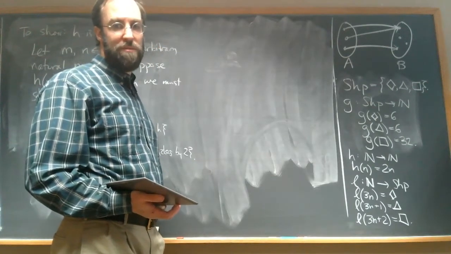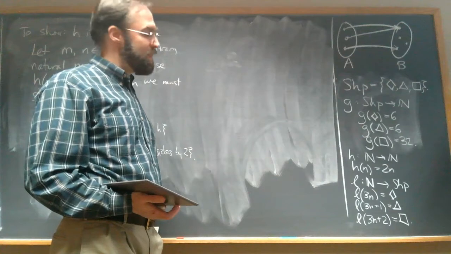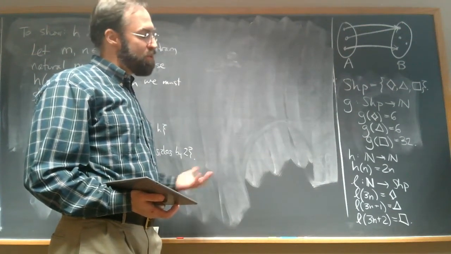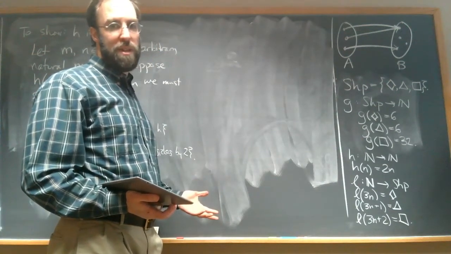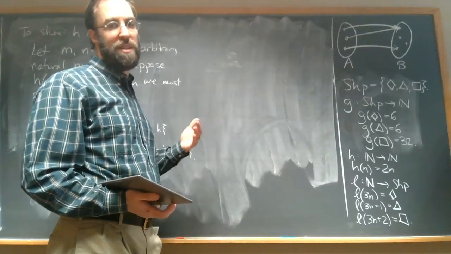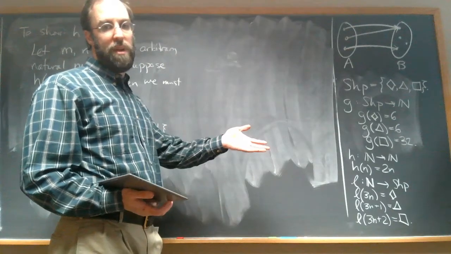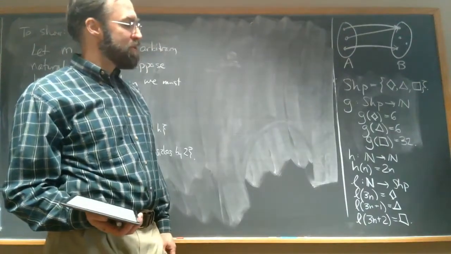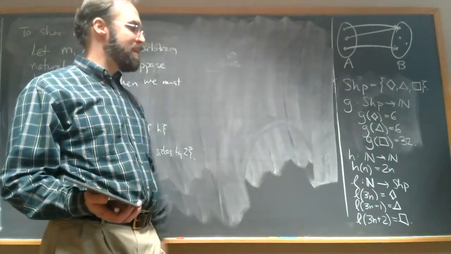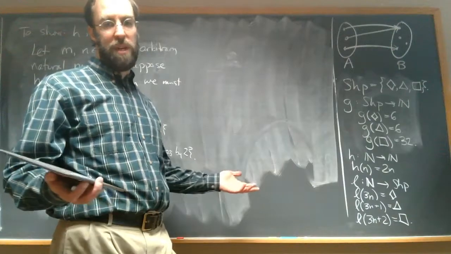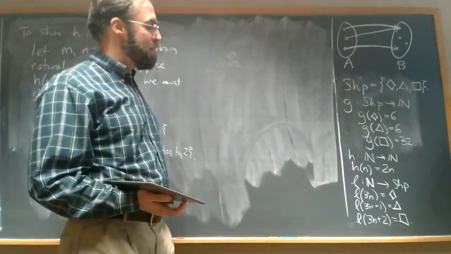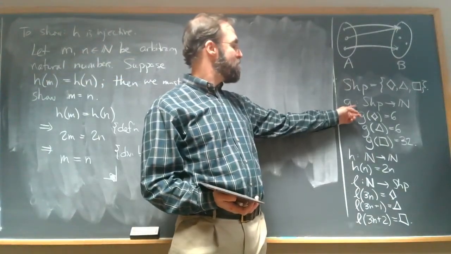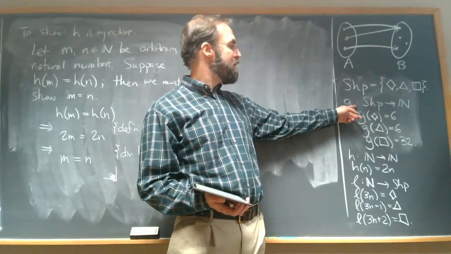There are tons of natural numbers that all go to the same thing. But to prove that it's not injective, all you have to do is give one example, right? The negation said there exist things that are not equal, but they go to the same place. So a valid proof that it's not injective would just be to say, take 3 and 6, they both go to diamond. Done.